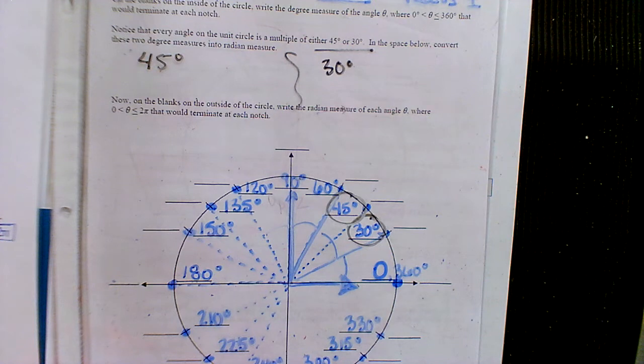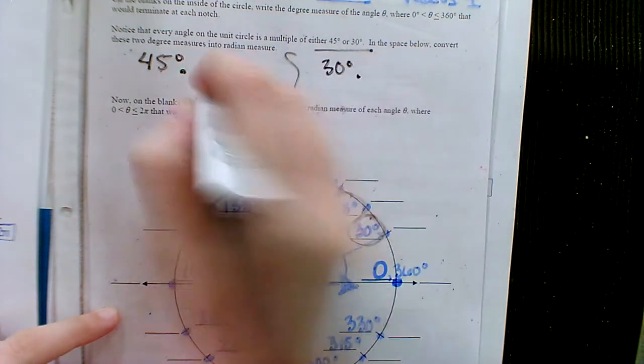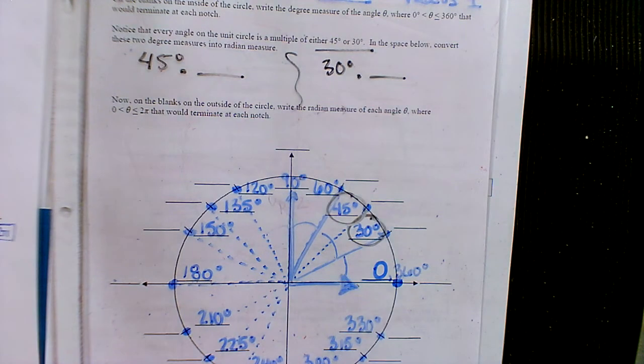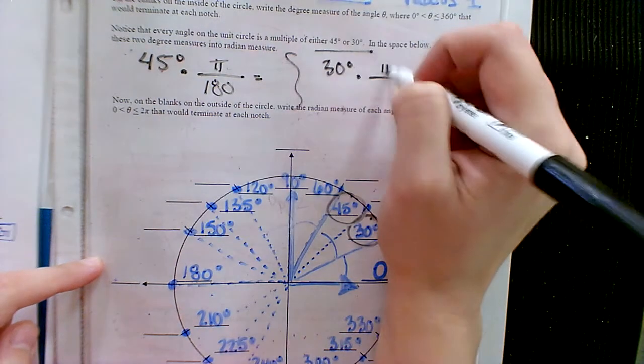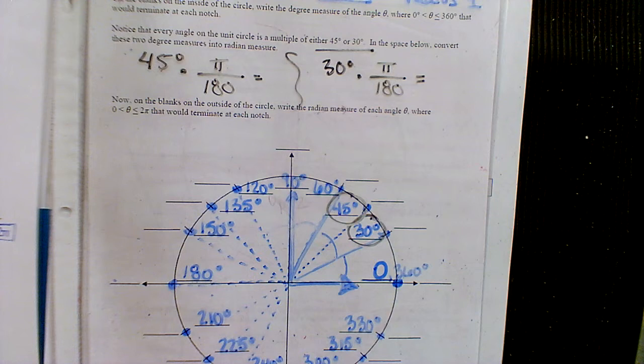So can we think about, if we're starting with a degree and we want to convert it to a radian, what conversion we would have to multiply by? Yeah. Pi over 180. All right. So what is 45 degrees the same as in radians?